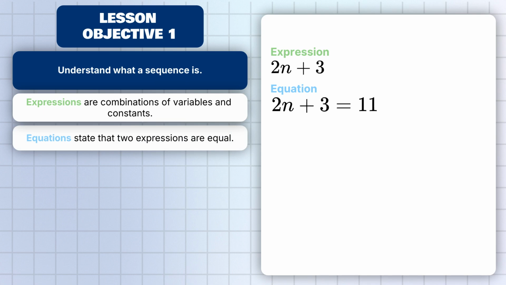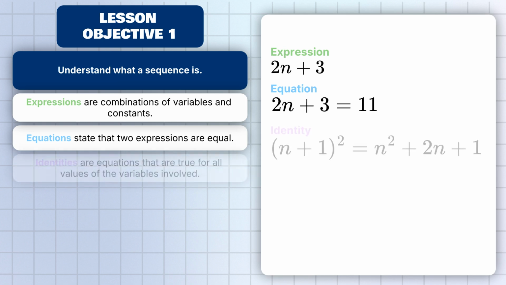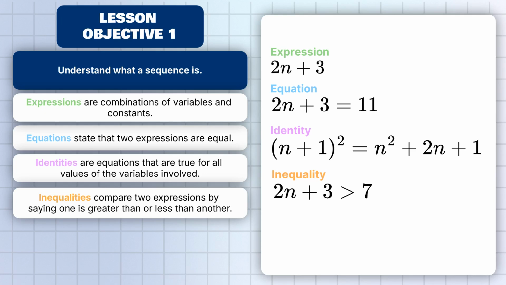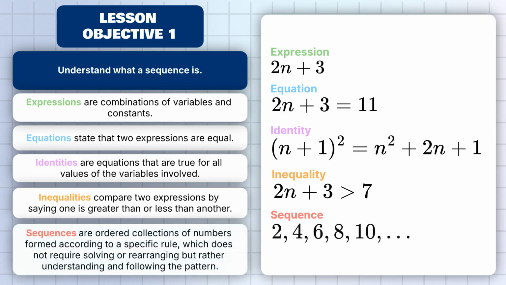For example, 2n plus 3 equals 11. Identities are equations that are true for all values of the variables involved. Inequalities compare two expressions, for example, 2n plus 3 is greater than 7. Sequences, however, are ordered collections of numbers formed according to a specific rule, which does not require solving or rearranging, but rather understanding and following the pattern.